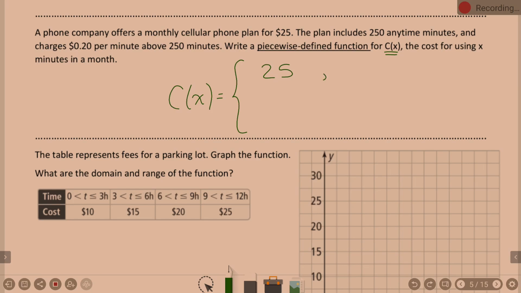When do I pay just $25? 250 minutes? Or 0 to 250? Less, okay? So 0 to 250 minutes, because we're not going to say negative, that's why we're going to not just say less than 250, we're going to go 0 to 250. Or we're going to say 0, less than X, less than 250.